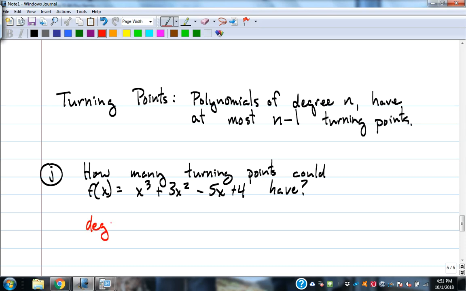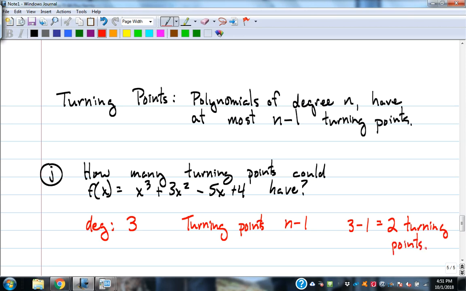What's the degree of f of x? The degree is 3. Turning points would be n minus 1, which is 3 minus 1. 2 turning points.